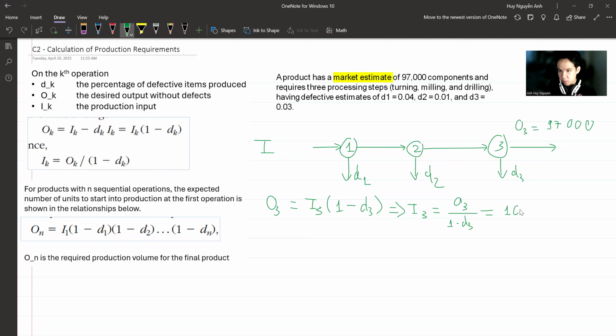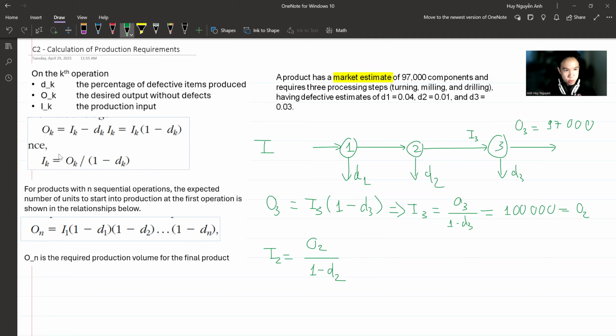So we have input 3, I3, which is 100,000 components, okay? I3 here is also O2, right? The input of step number 3 is the output of step number 2. So now we have O2. Let's calculate I2. I2 equals O2 divided by (1 minus D2).